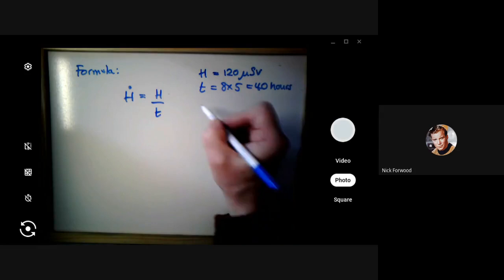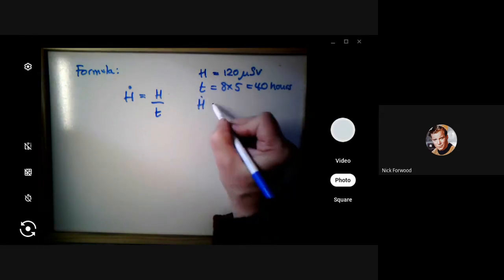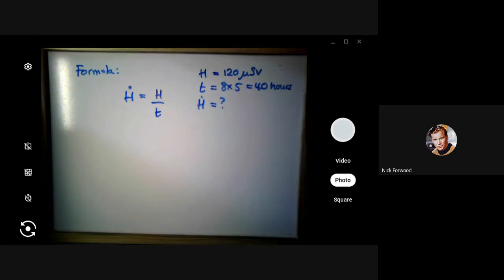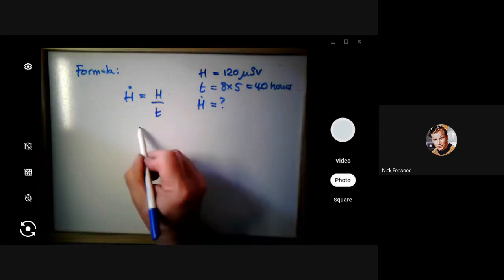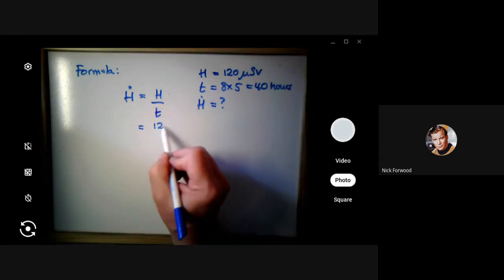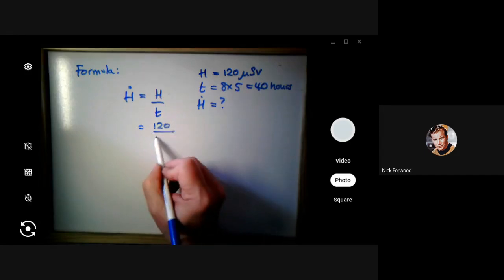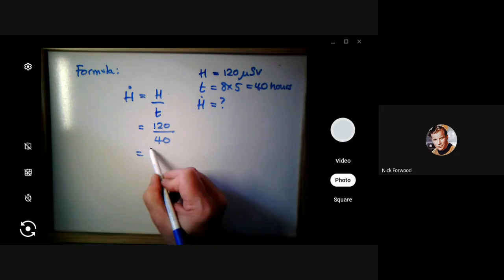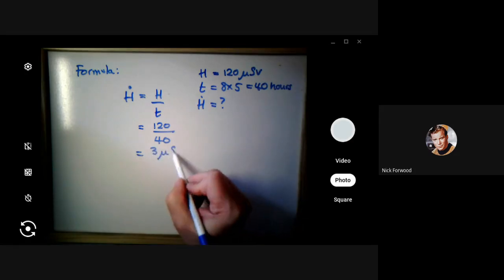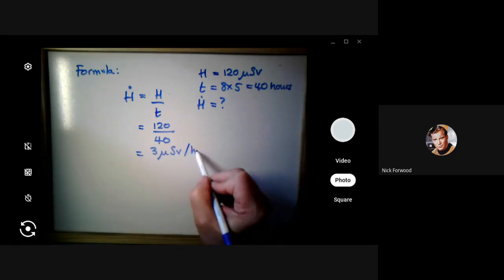And so we can work out what the equivalent dose rate is. So the equivalent dose rate, H dot, is H over T. So we'll take H, which is 120. We'll divide that by 40. And that is 3 microsieverts per hour.